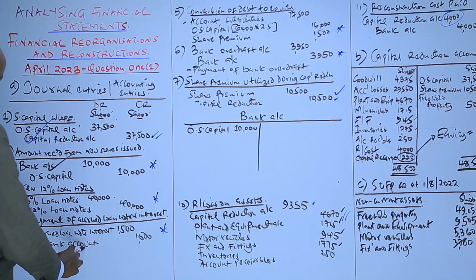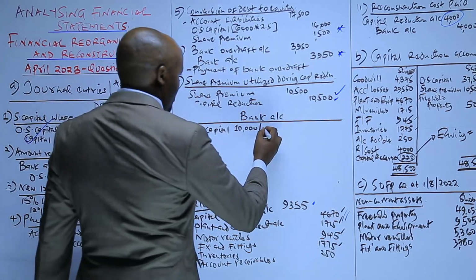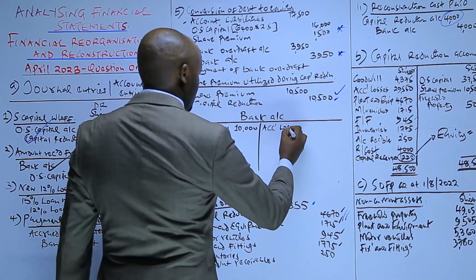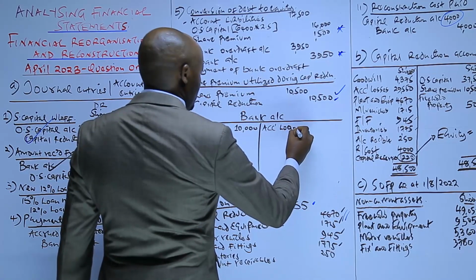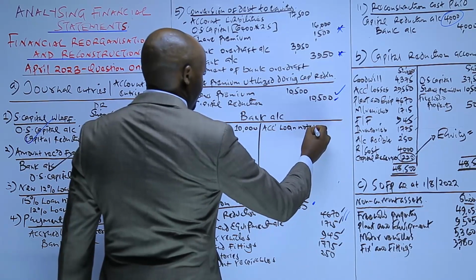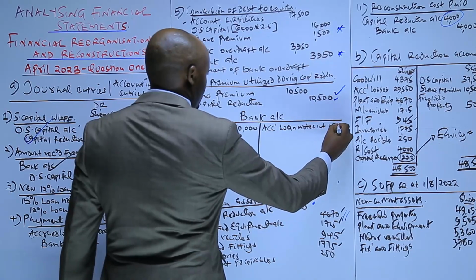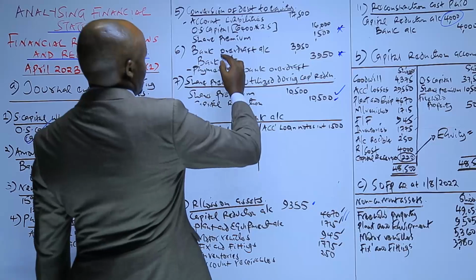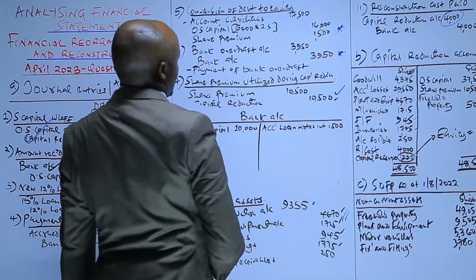This is affecting the bank, whereby we have accrued loan note interest, which was paid, a figure of 15. That is affecting bank. This is not affecting bank.